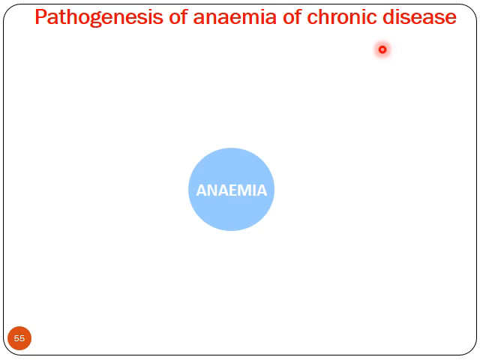Here we have anemia of chronic disease, which is one of the microcytic hypochromic anemias in 2/3 of the cases, and in 1/3 it is normocytic normochromic.